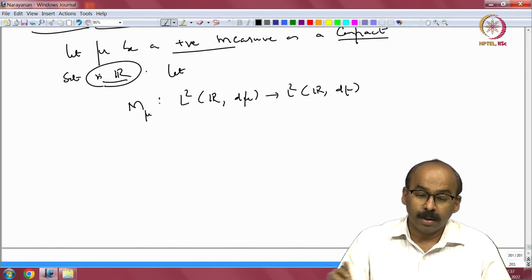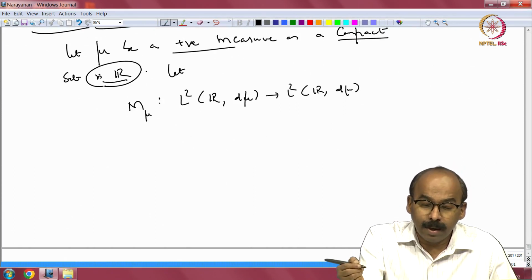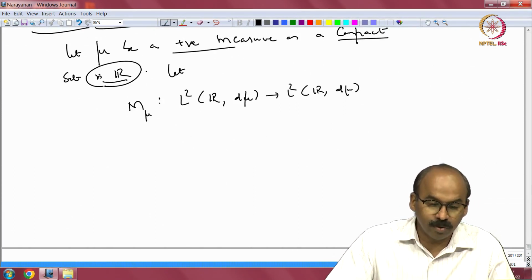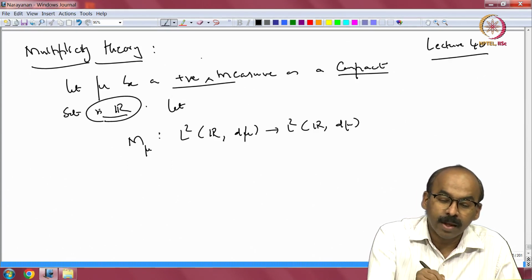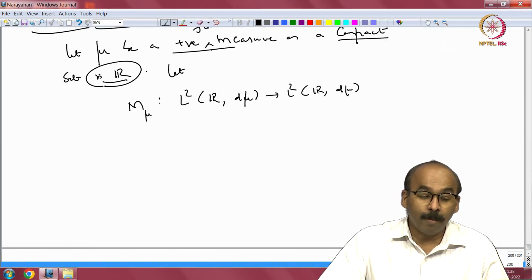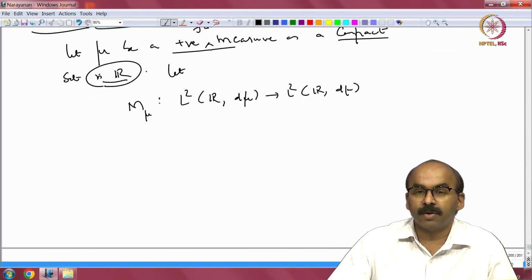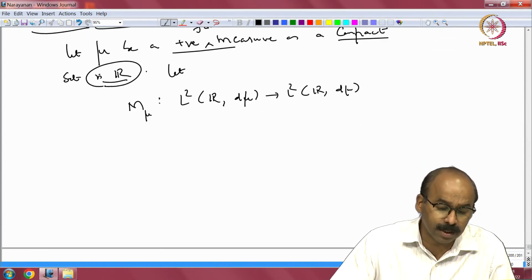Remember mu is a positive measure, you can assume finite, I did not write that, a finite positive measure on a compact set. Think of -1 to 1 or something like that with Lebesgue measure, it does not matter.